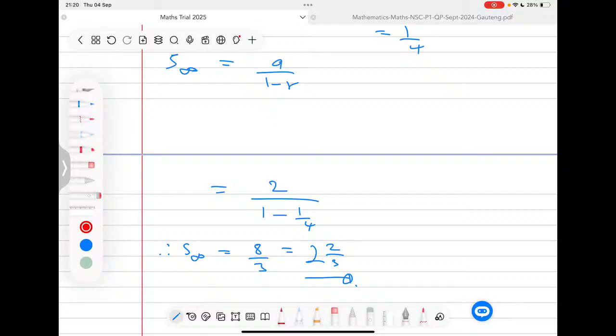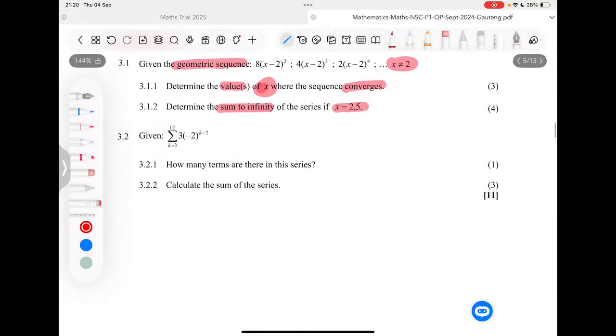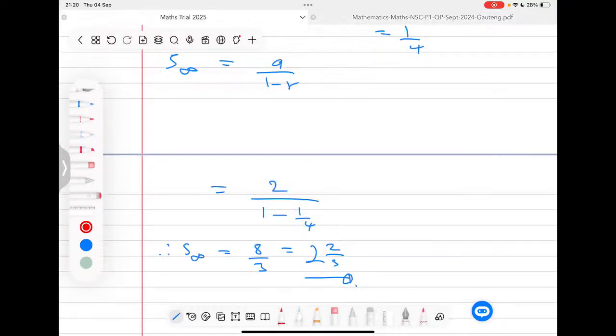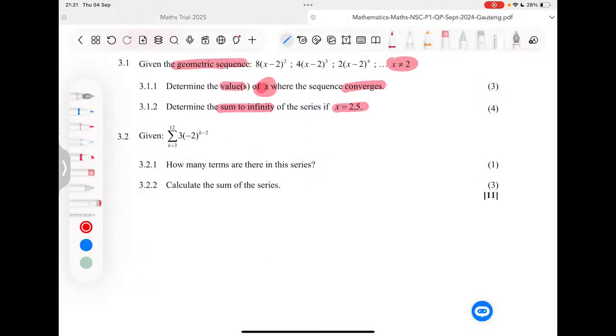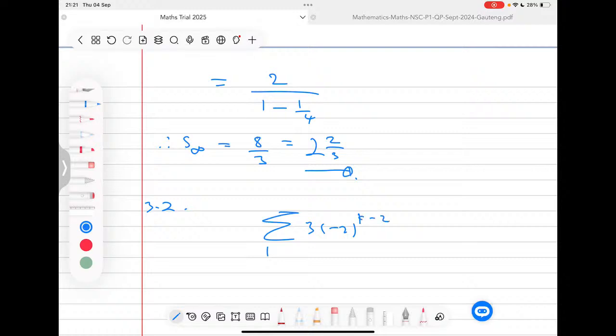Now we can move to the next question, which is 3.2. And in 3.2, we are given a sigma notation here, or a series that says we have the summation, the sigma of 3 minus 2 to the power k minus 2.